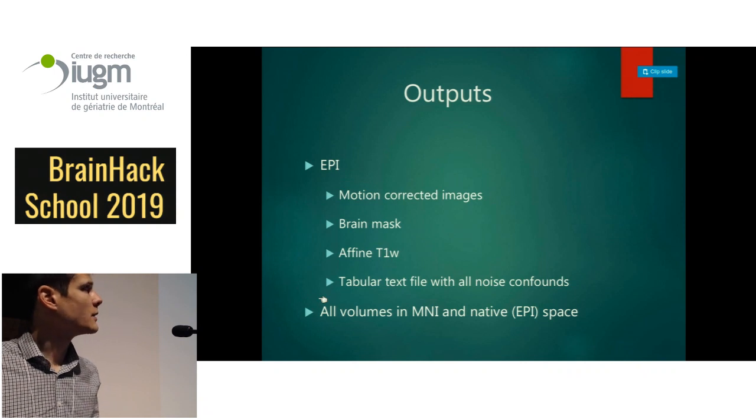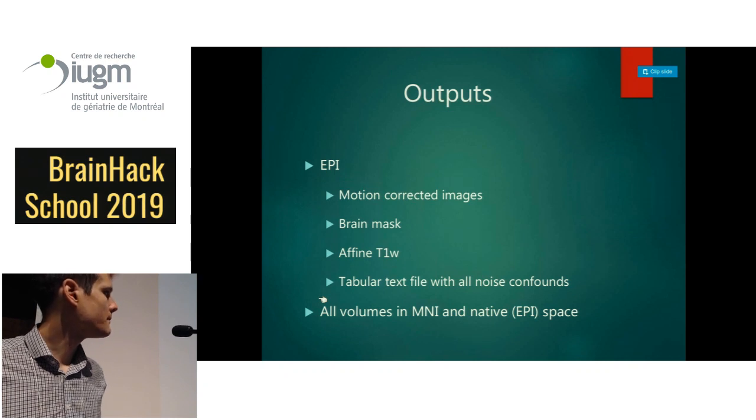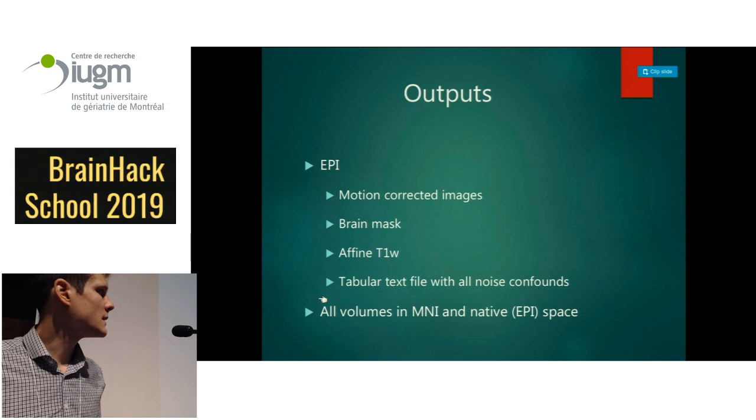And for the EPI, we're going to have the motion-corrected image, the brain mask, the affine registration to the T1, and also the noise confounds that we discussed earlier. So you have all volumes in MNI and native EPI space, so you can choose in which space you want to do your analysis.